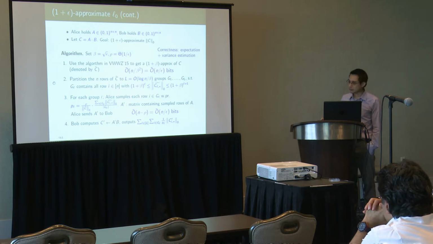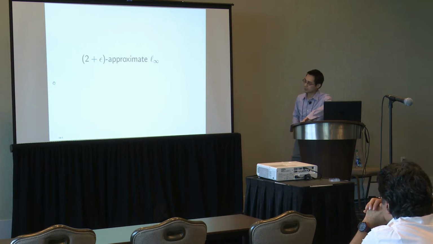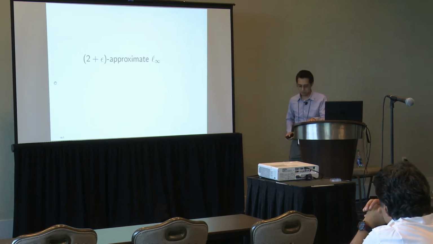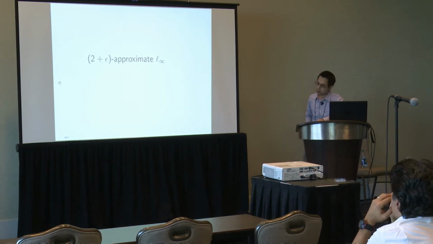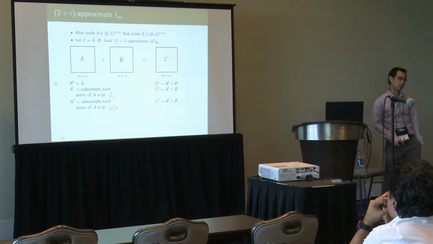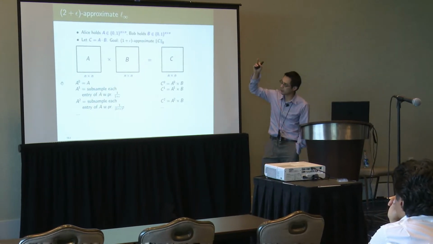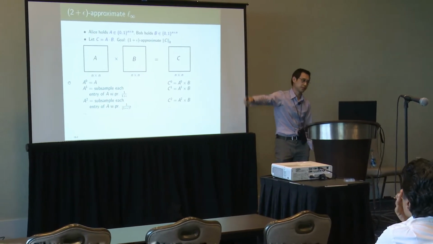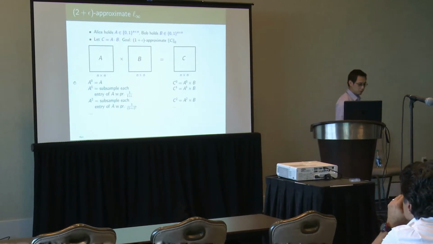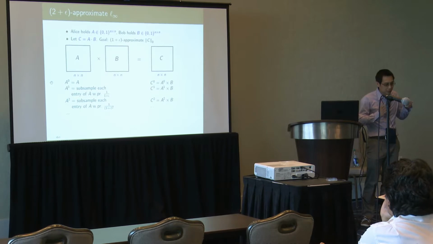The second result is a 2 plus epsilon approximation of L infinity. The high-level idea is, again, sampling. The problem is to compute the largest entry of the matrix C. The idea is to make C sparse.